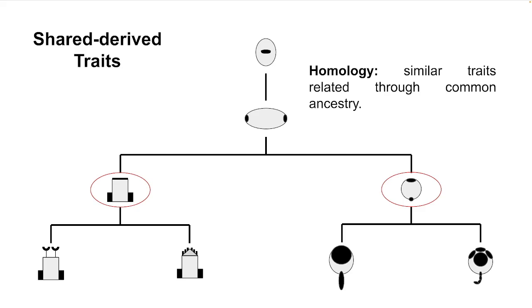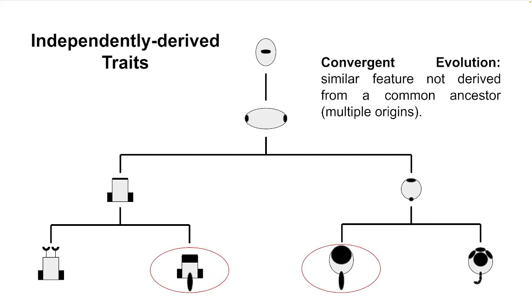And this is a phylogenetic tree that shows homology in a number of different vehicle morphologies that evolve from a common developmental precursor. And so when we talk about shared derived traits, we're talking about homology, which are similar traits related through common ancestry. When we talk about independently derived traits, we're talking about convergent evolution.